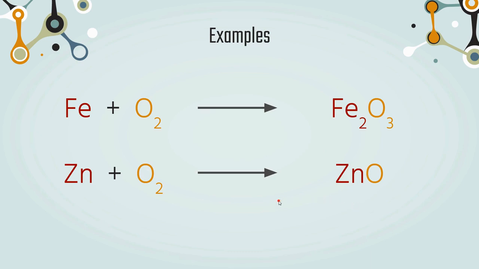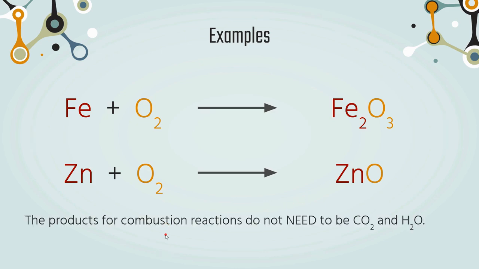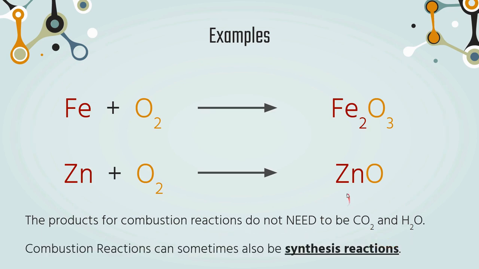The reason why these are slightly different: notice that although the reactants look the same, one reactant reacting with oxygen, we have a different set of products. We don't have CO2 and H2O. We don't have carbon dioxide and water. The products for common combustion reactions don't need to be CO2 and H2O. In this case, these combustion reactions are also kind of synthesis reactions.